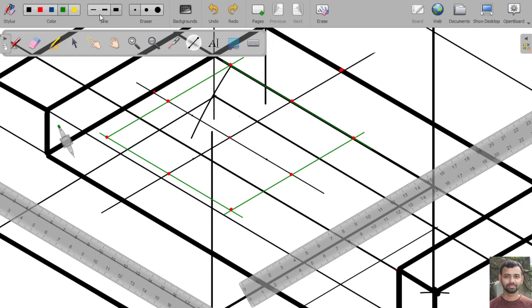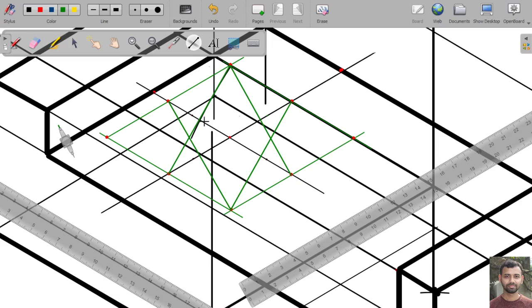Next step is, now we will connect this corner point with this midpoint, and this corner point with this midpoint. Similarly, we will connect this corner point with this midpoint and this corner point with this midpoint.